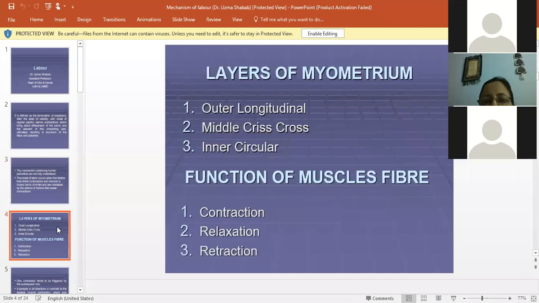Now, as you all know, the myometrium is composed of an outer longitudinal muscle fiber, middle crisscross fibers, and inner circular fibers. The function of these fibers is contraction and retraction, relaxation, and then retraction. With each contraction, there is relaxation and then retraction of the lower segment.